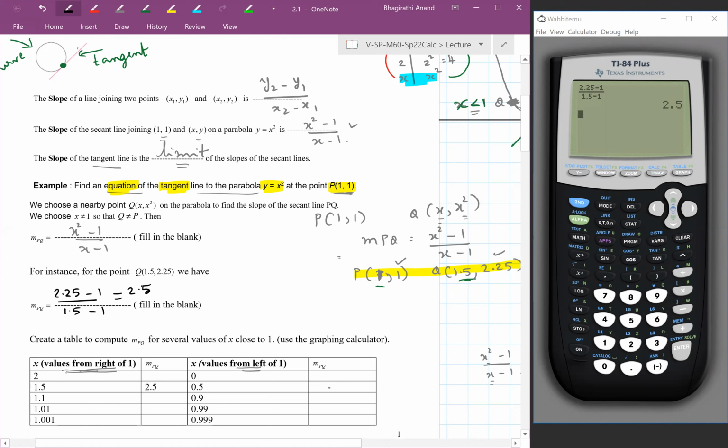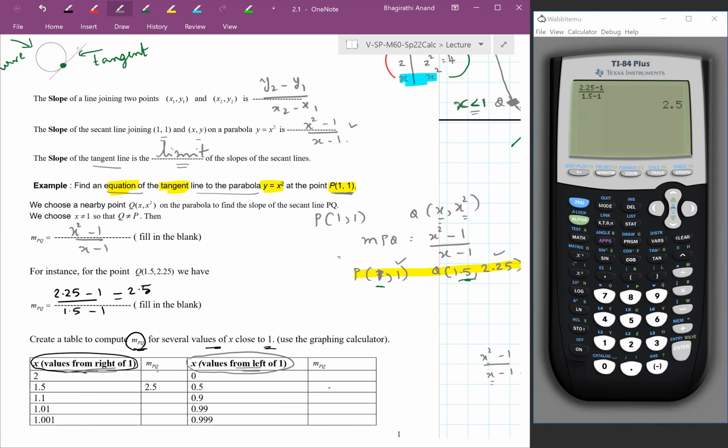As I mentioned earlier, now we are going to create a table for the slope for several values close to 1. So we'll pick x values to the right side of 1 and some x values to the left of 1. Each time we will find the slope, M of PQ. P is fixed, which is (1, 1) on the parabola.